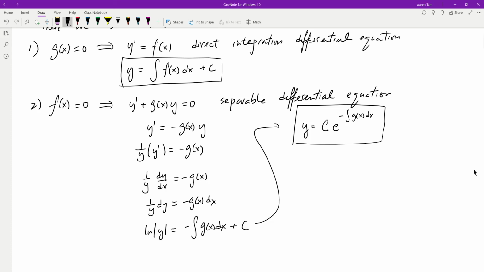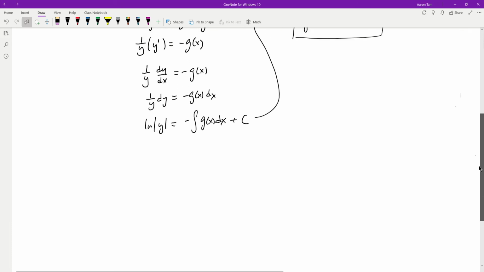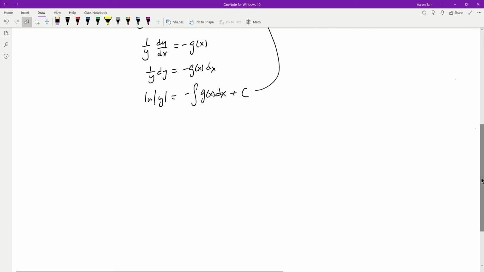Now comes the final scenario. What if neither f nor g is equal to 0?